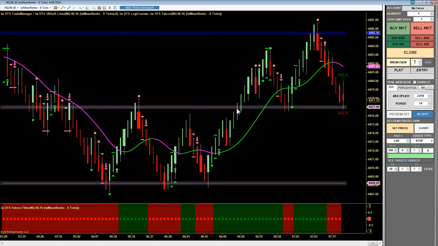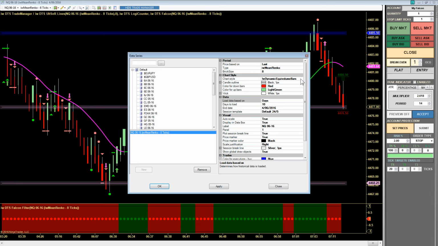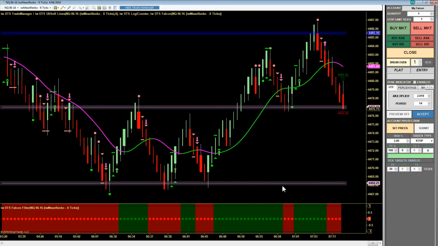You're going to notice that some of these bars are thicker and some are thinner. That's the Indicator Warehouse dynamic equivolume bars. For those of you unfamiliar with equivolume charting, the fat bars have more volume associated with them. The thin bars have less volume.